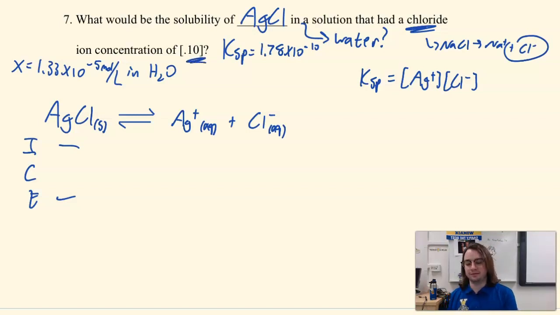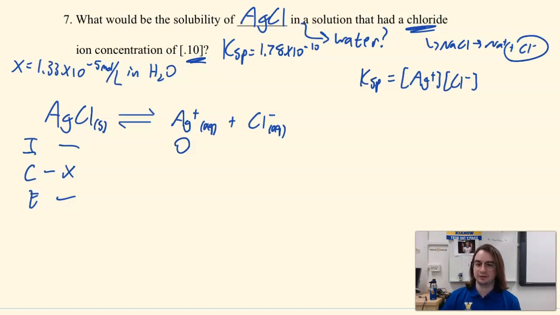So where is this problem different than the water situation? Well, the setup is pretty similar, where we know that we're going to dissolve by some amount x, which means that these are going to increase by some amount x. Well, let me not get ahead of myself. Let's think about what our initial values must be. We should still have 0 of the silver, but do we have no chlorine present in the solution at the beginning?